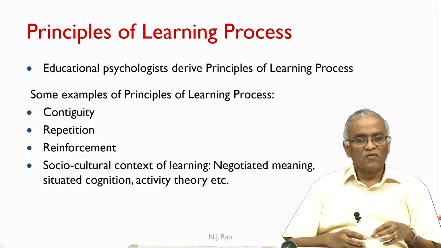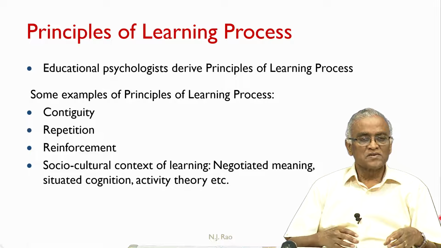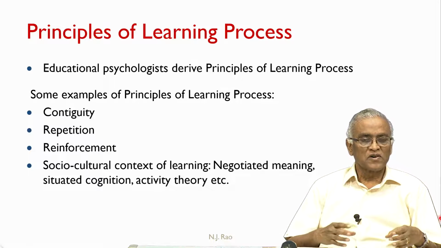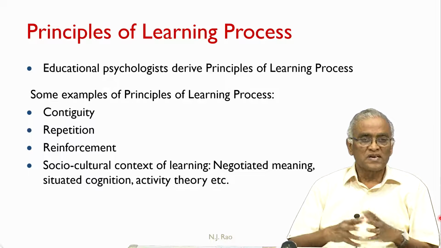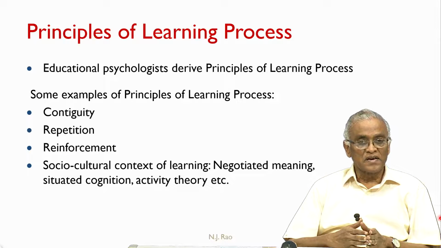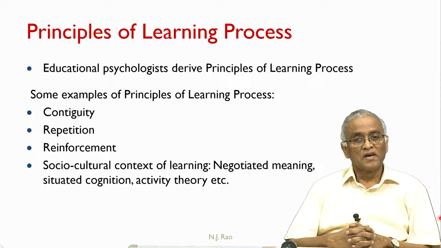Contiguity means what follows what and what is the connection between the two. If one is adjacent to the other in terms of concepts or information, then one is likely to learn better. So, contiguity, repetition, reinforcement, socio-cultural context of learning, these are all examples of principles of the learning process.